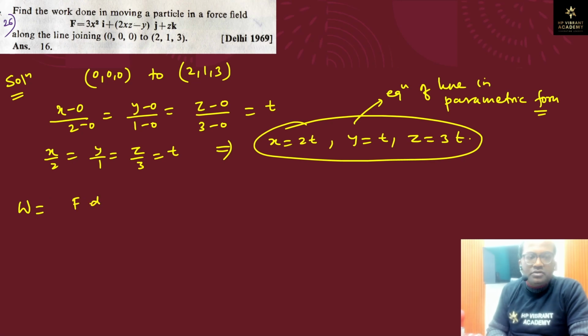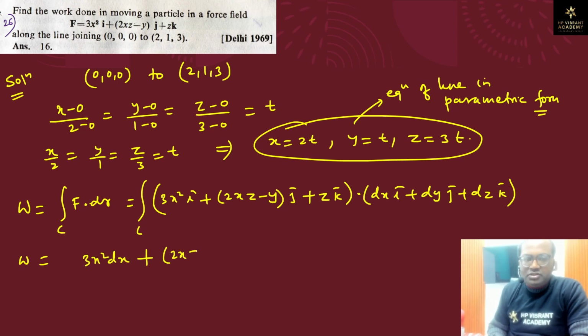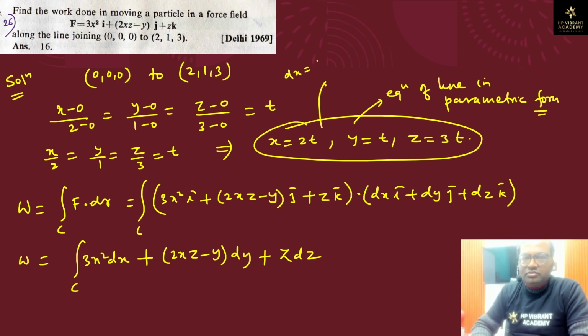The work done is equal to the integral of F dot dr along the curve C. This we can write as (3x square i cap plus (2xz minus y) j cap plus z k cap) dot product with (dx i cap plus dy j cap plus dz k cap) along the curve C. So the work done is equal to the integral of 3x square dx plus (2xz minus y) dy plus z dz along the curve C. From here we have dx is equal to 2 dt, dy is equal to dt, and dz is equal to 3 dt.